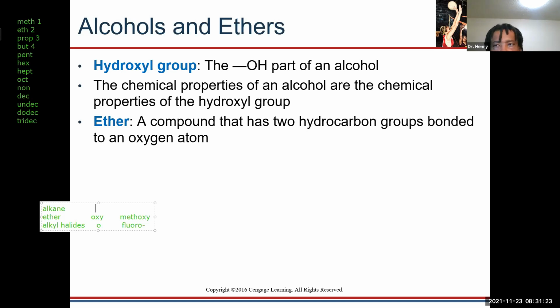So if it's a side chain, we use yl at the end. If it's the ending, put ane.